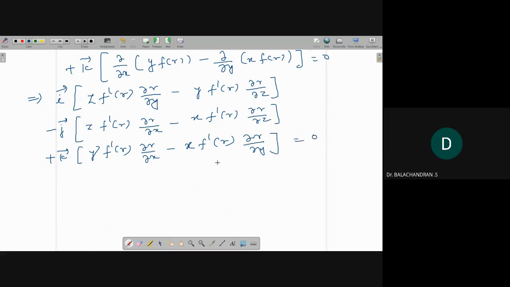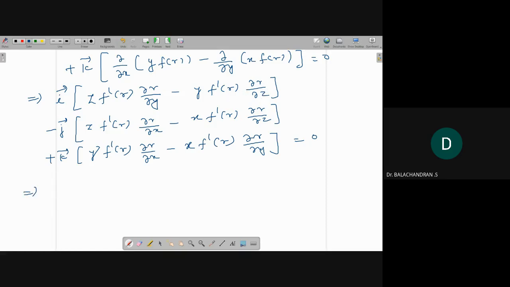Nandini, correct. Thank you. The remaining part, I think you can easily do it. What is dou r by dou y? Y by r. And dou r by dou z is z by r.